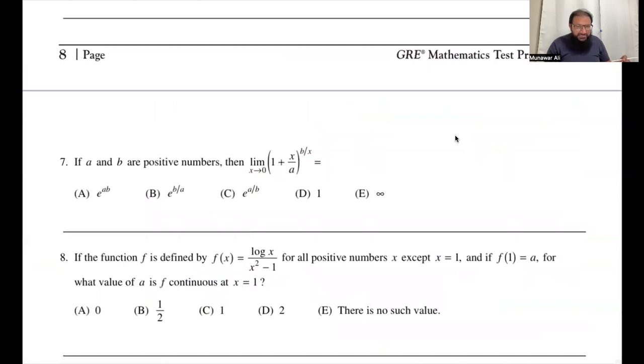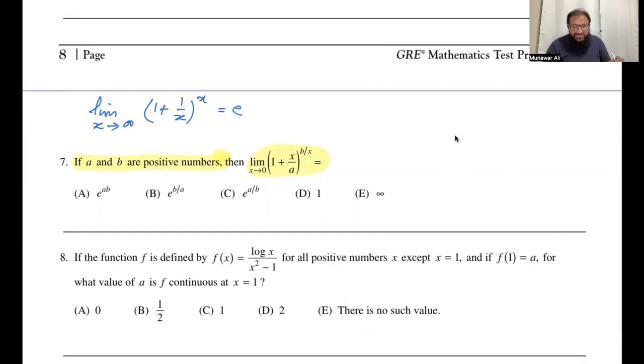Now it's MCQ number 7, which says that if a and b are positive numbers, then what is the value of this limit? We'll apply the standard result that says the limit as x goes to infinity of 1 plus 1 over x, to the power x, is equal to e.